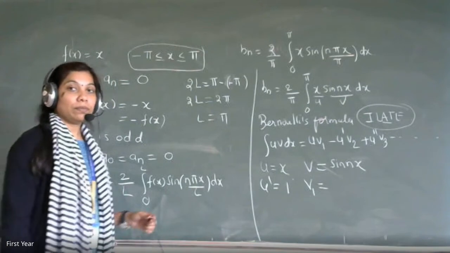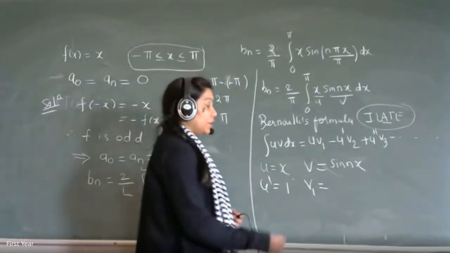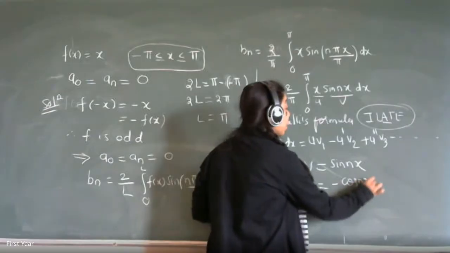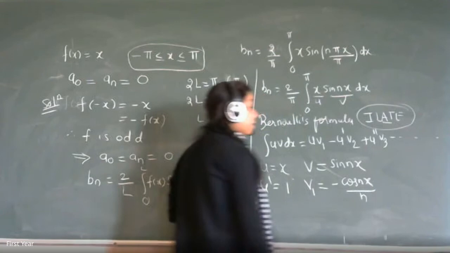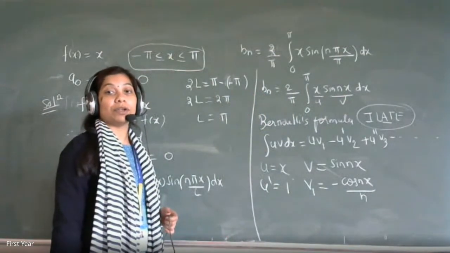So let's go to now the first integration of v. What will be the first integration of sin x? Minus cosine x. Correct. Minus cos nx upon n. Don't forget that n, the derivative of nx is n, so you write it in the denominator.